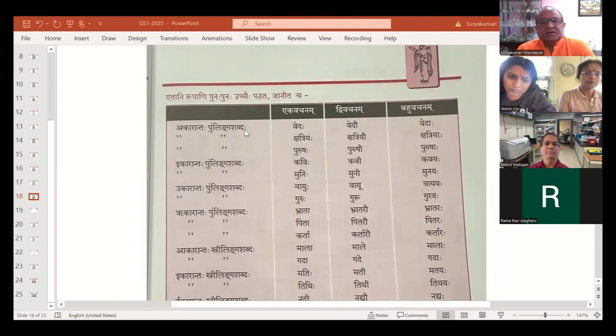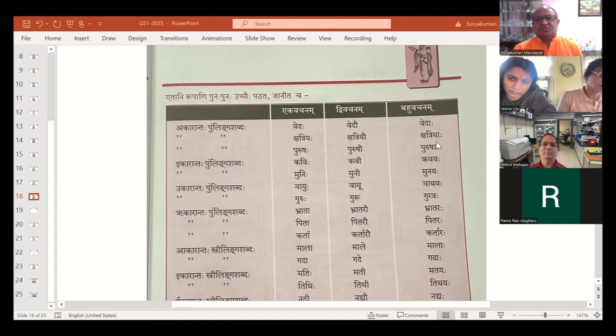Akarantaha, punlinga shabdaha. They're not giving what the shabda is here. It's unfortunate, but it is actually Veda. The ekavachanam rupam is Vedaha, Vedau, Vedaha. The shabda is Veda, so it's ending in A sound. So it's Akaranta Pullingaha.